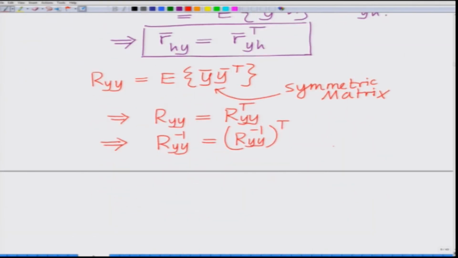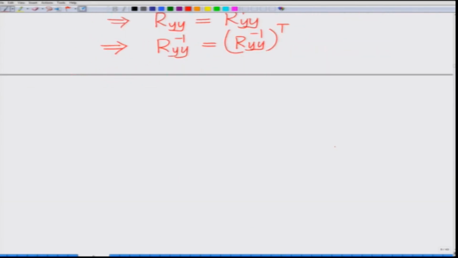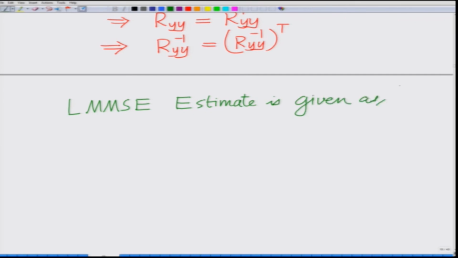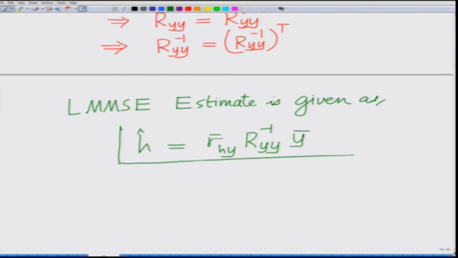So, let me rewrite it again. The LMMSE estimate is finally derived as: h hat equals R bar HY into R_YY inverse into Y bar.